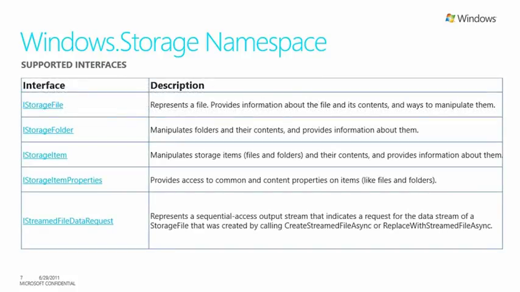Here's kind of an eye chart, but basically I wanted to cover the different interfaces that are included in the Windows.Storage API. The common currency for this API is really a storage item, and this IStorageItem is used to represent storage items.